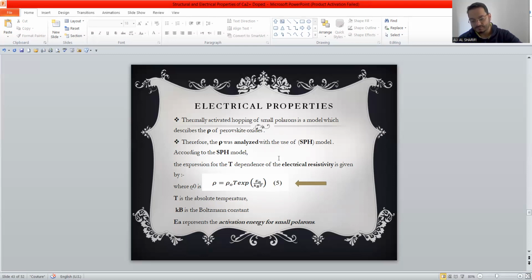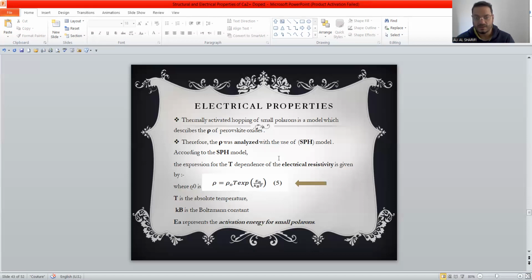They noted that simple polaron hopping is an important element in this article, in this process. According to the small polaron hopping model, the expression for the temperature dependence of the electrical resistivity is given by this equation.